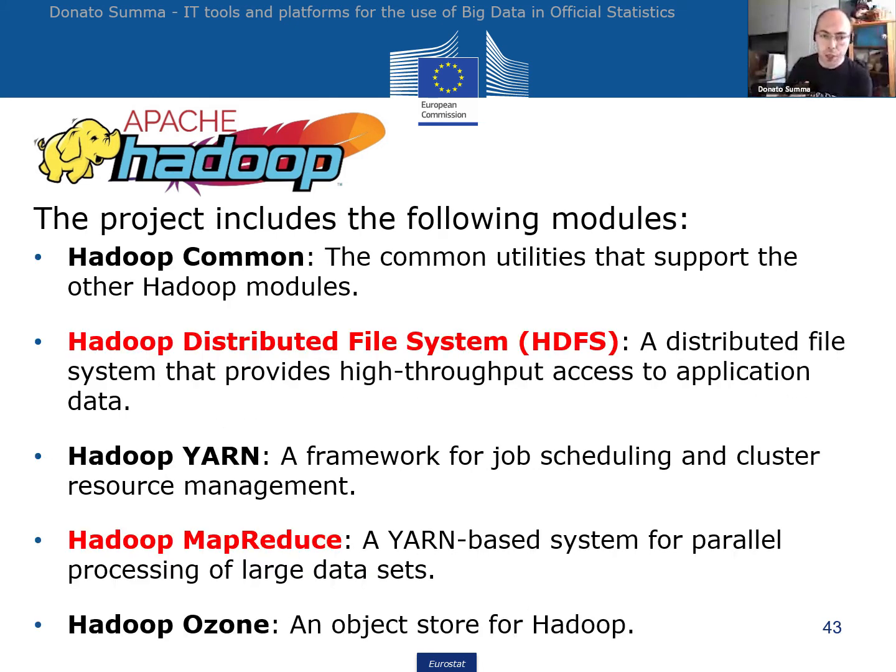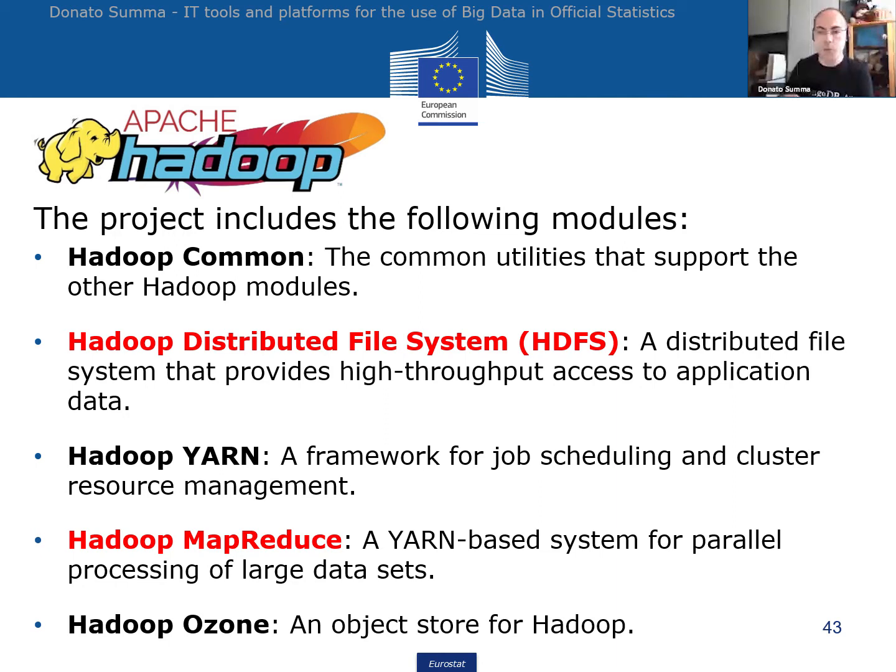Now, the Hadoop project includes the following modules. We have the so-called Hadoop Common module, and within this module, we can find all the utilities that support the other Hadoop modules. We have HDFS, the Hadoop Distributed File System. This is a very, very important module of Hadoop, along with Hadoop MapReduce.